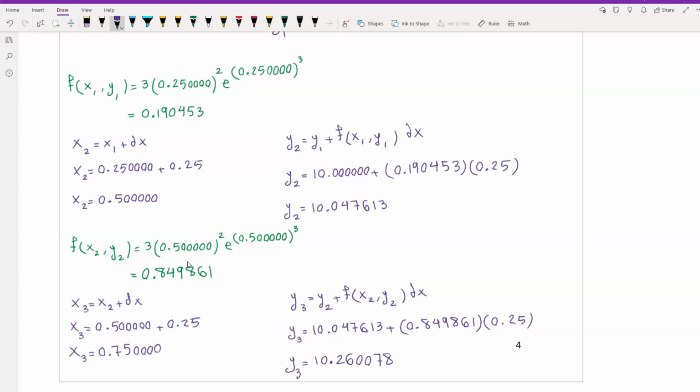Now finding x3 and y3. So x3 is equal to x2 plus dx. So x3 is equal to 0.75, and y3 is equal to y2, which is 10.047613, plus f of x2, y2, which is 0.849861, times dx, which is 0.25. So y3 is equal to 10.260078. Again, I rounded to 6 decimal places.